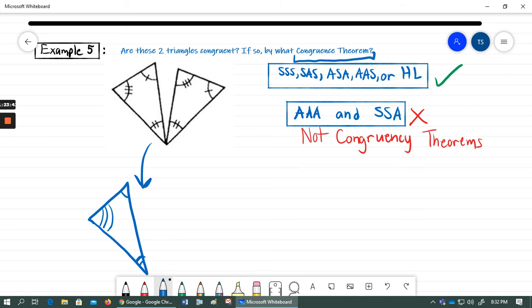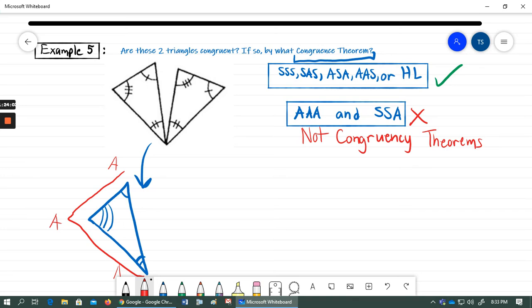Okay, so folks, with this, you can clearly see that all 3 of these congruency symbols are for the angles, right? 1, 2, 3. We get an angle, an angle, and an angle.